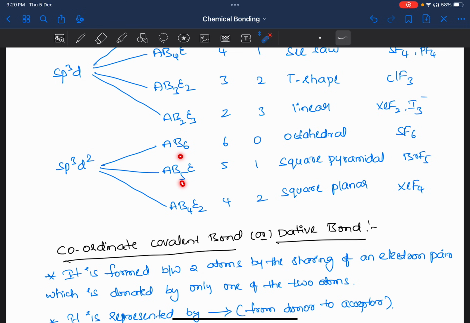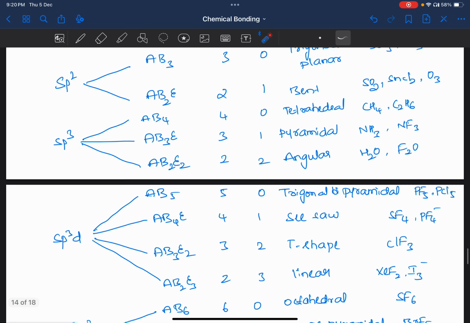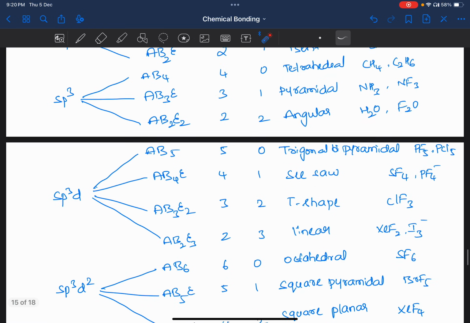Therefore these molecules exhibit sp3d2 hybridization, but the structures are different. Octahedral when lone pairs equal 0, square pyramidal when the central atom has one lone pair, and square planar when the central atom has two lone pairs. All these are important points for objective questions.